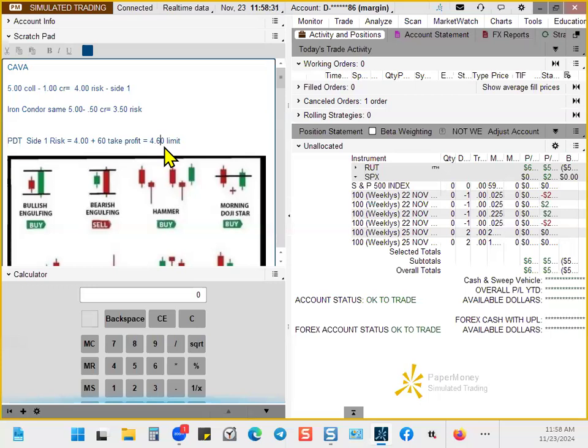I'm not complaining about it, I'm just making you aware that the other side may not fill right away. And it's okay if it doesn't. What I usually find is at the end of the day, it'll be close to my number, whatever the mark is. The mark might be like 4.25 at the end of the day, and then the next morning it'll trigger. Sometimes it'll be 3.95, and then the next morning session opens, it triggers.